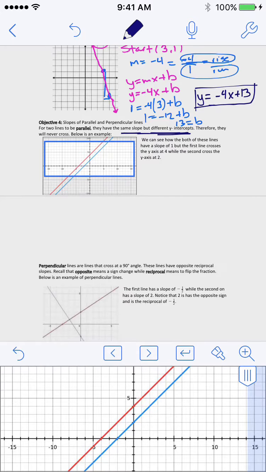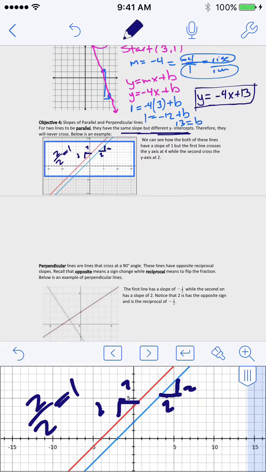And we can check that here. If we look at the red line, which on your notes, because of our photocopier, is probably black, they're both black, the top line has a slope that goes up 2 and over 2. So 2 over 2, that's going to be a slope of 1, right? And then if we look at the bottom blue line, it goes also up 2 and over 2, so it is also a slope of 1.